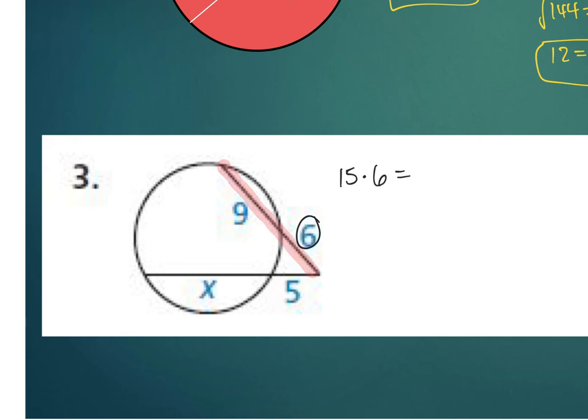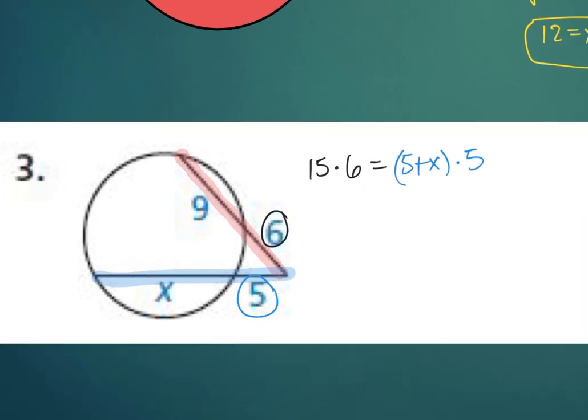And then we set that equal to the whole of this bottom one, which is what? 5 plus x, and multiply it by 5, the external portion.